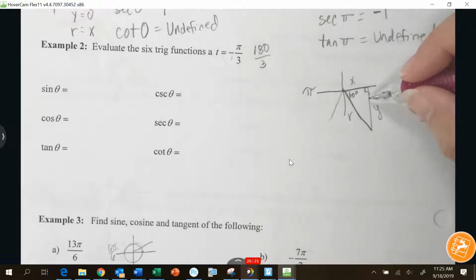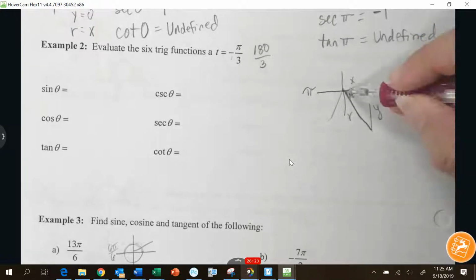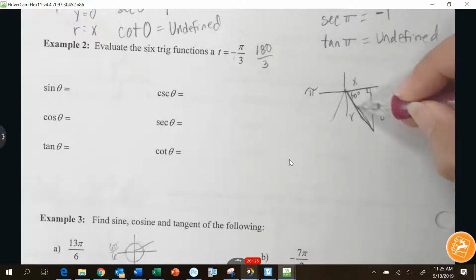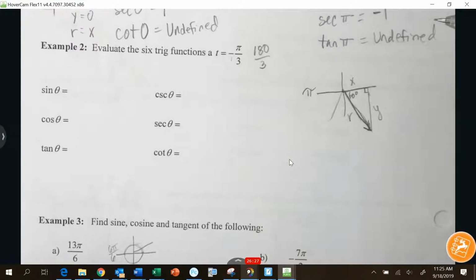It will be inside of the triangle. If you're just thinking about the definition of reference angles, it has to be from the radius to the x-axis. It has to be between 0 and 90, and it has to be positive. So this checks off all of those. So we are looking at a 30, 60, 90.